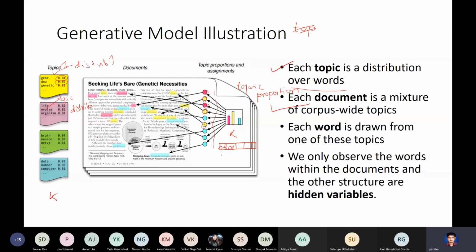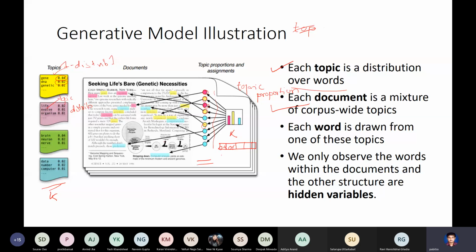Once these 2 distributions, the topic to word distribution and the document to topic distribution, are ready, now I am ready to generate the words for the document. How do I generate the words for the document? By a 2-step process.